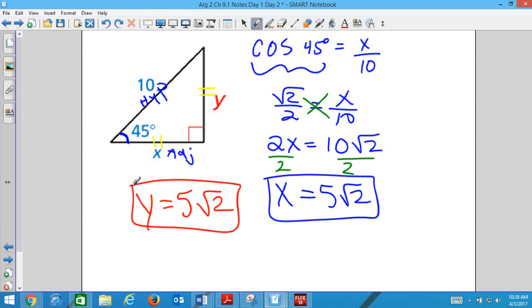And that's what you've got to memorize. Radical 3 over 2 is equal to what? That would be the one next to it.